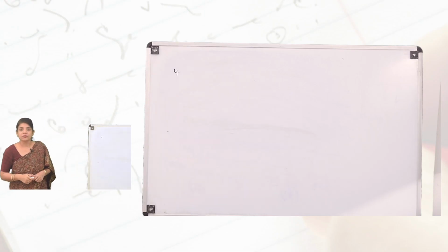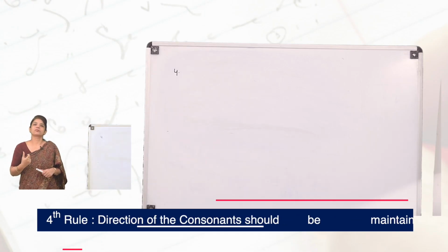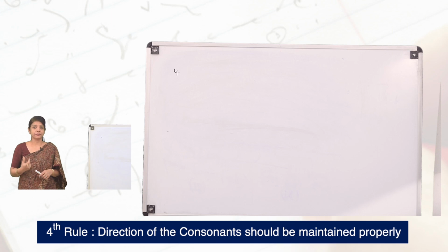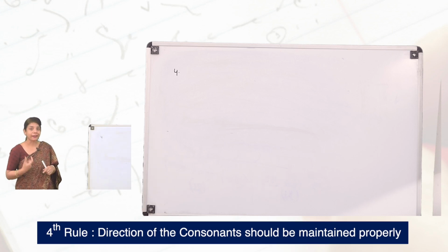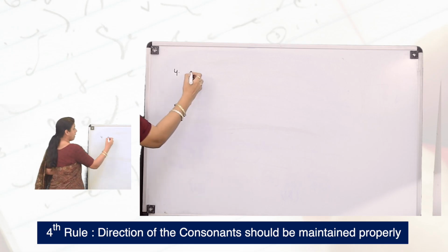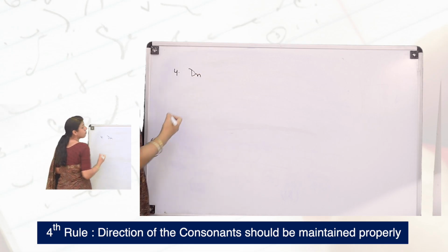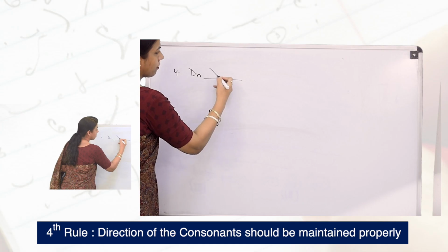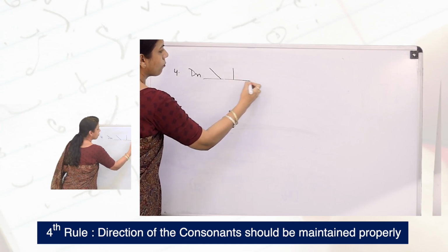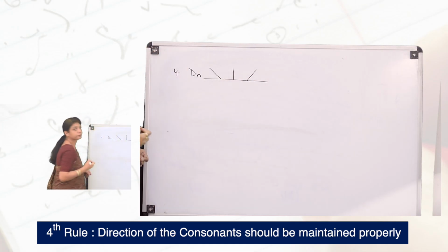Now, the next rule is that the direction of the consonant should be maintained properly. What exactly do I mean by maintaining the direction? If we are making a downstroke, we have to make sure that we make it only from top to bottom.